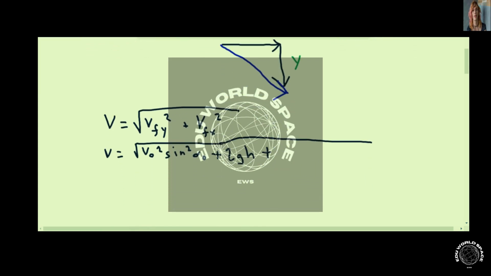Now we can plug that in. So we have v naught squared cosine squared alpha naught.